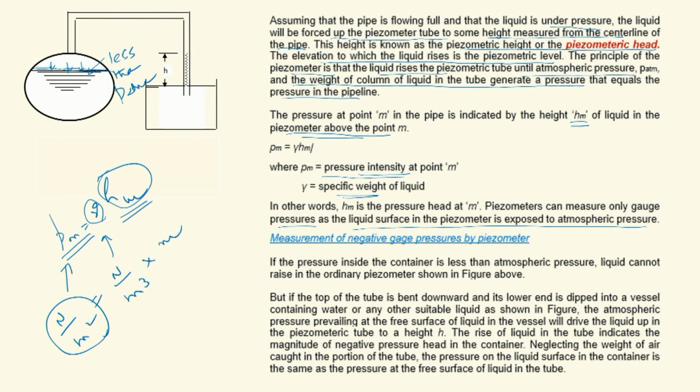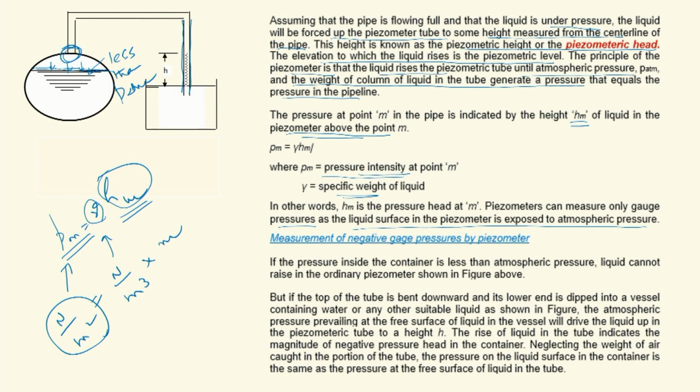But if you have this arrangement, at the top of the vessel you erect a tube, bend it, and then one end is connected to the gauge point where the pressure is required, and the other end, in the previous case it was kept open to atmosphere, in this case it is not open to atmosphere, it is kept dipped in a vessel containing a liquid, maybe the same liquid or some other liquid suitably.